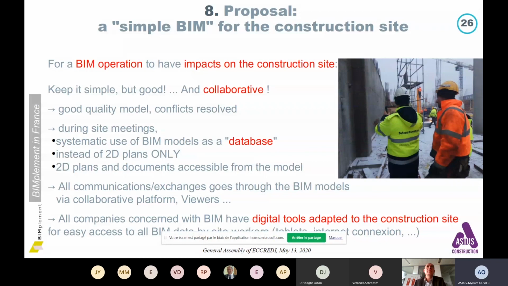You can use these 2D plans, of course, but also the BIM model to show the details, to show the way BIM objects are attached to each other, to show the documents that have been attached. Use also the communication tools, cross-level, I mean, from operators to managers, cross-trade between batches and between stakeholders, and introduce digital devices on the construction site.